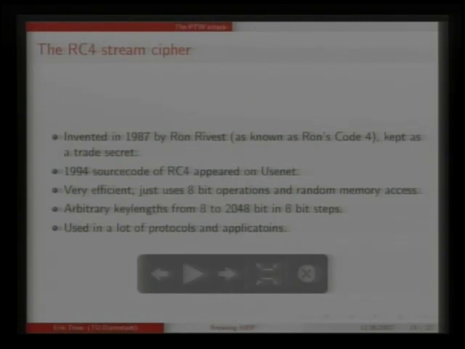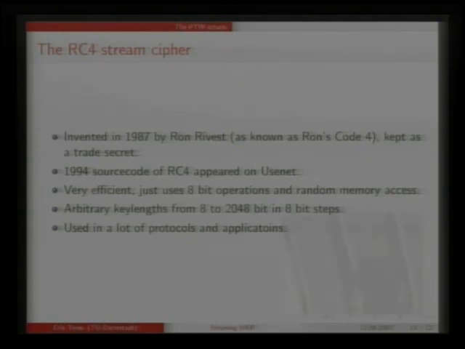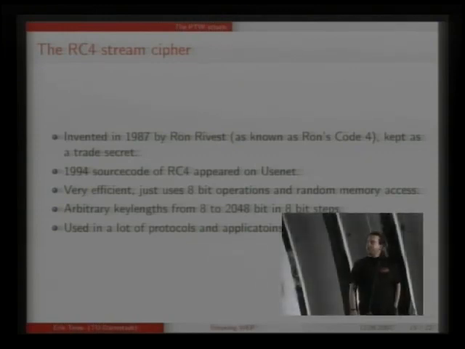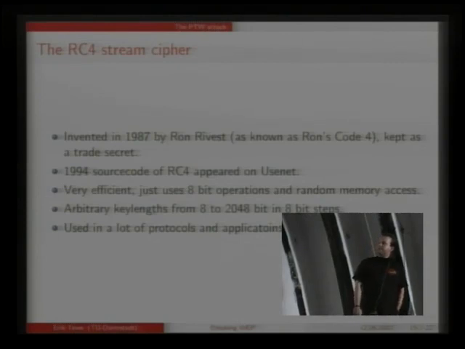So let's have a look at the stream cipher which was used in the WEP protocol. It was invented in 1987 by Ron Rivest, RSA Data Security, and it was kept as a trade secret and sold commercially to people who were interested in fast software stream ciphers. And in 1994, the source code of RC4 appeared on Usenet, and from then on, RC4 was completely open.